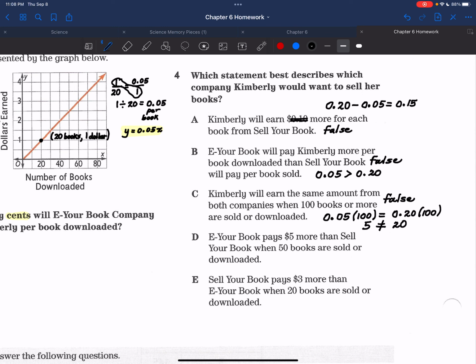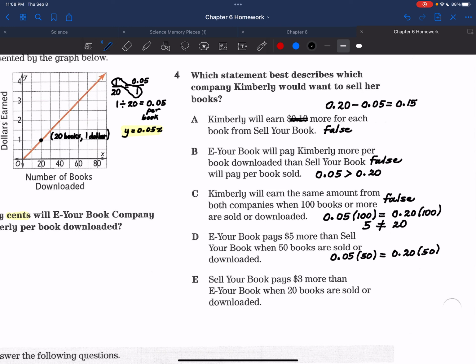E-Yearbook pays $5 more than Sell Your Book when 50 books are sold or downloaded. Well, that doesn't make sense to me, but let's see. When 50 books are downloaded or 50 books are sold, what's going to happen?